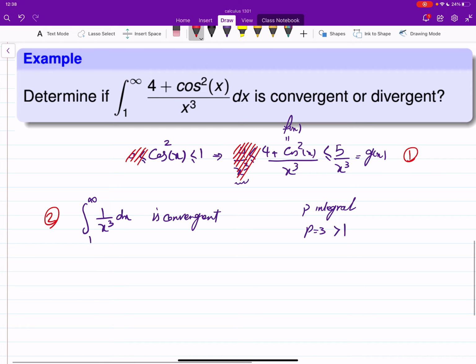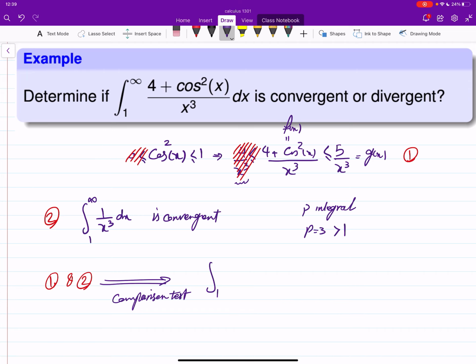Then by the comparison test, the integral from 1 to infinity of 4 plus cosine squared over x to the power 3 dx is convergent as well. Well, why didn't you use the 5 there?